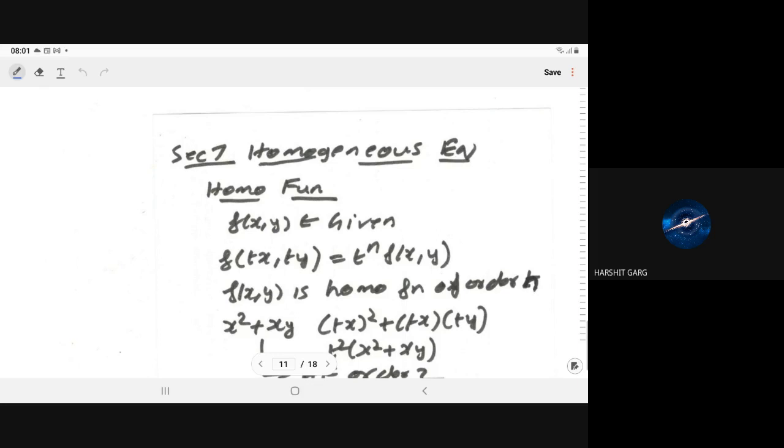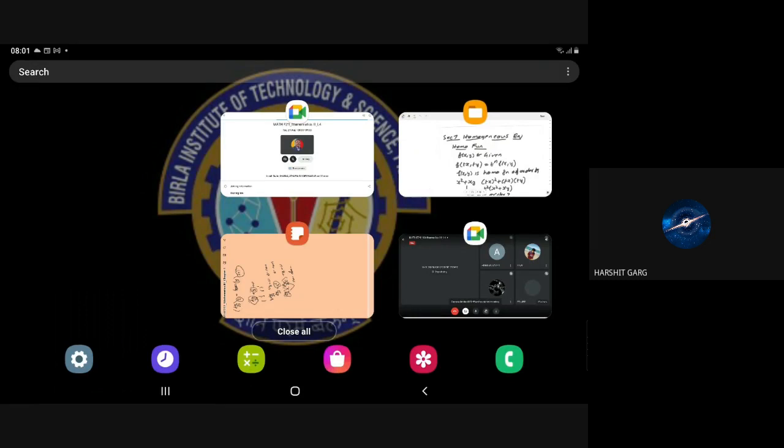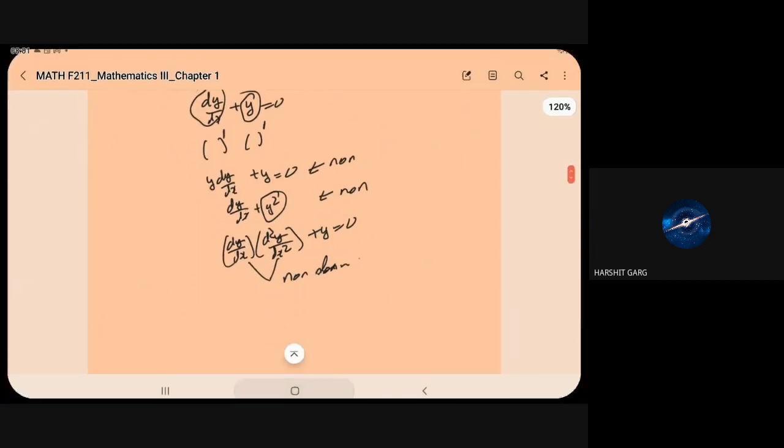If f(x, y) is given to you, in place of x you replace tx, and in place of y you replace ty.